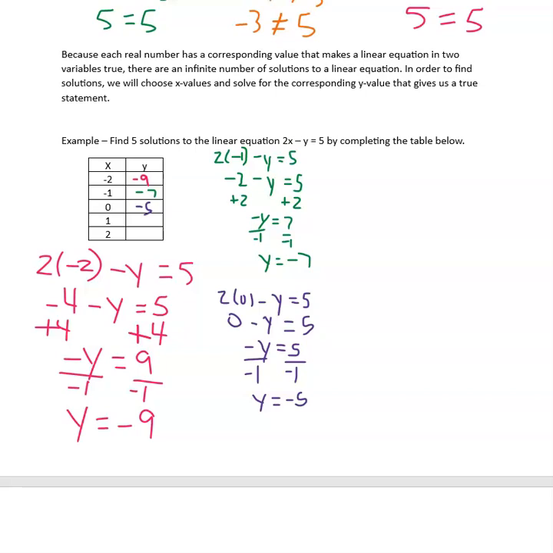Now let's try when x is 1. So 2 times 1 minus y is equal to 5. 2 minus y equals 5. Subtract 2 from both sides.